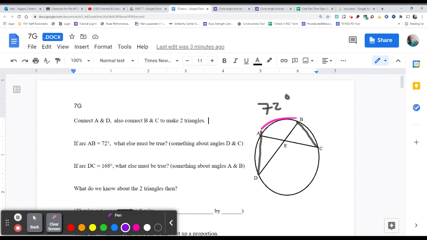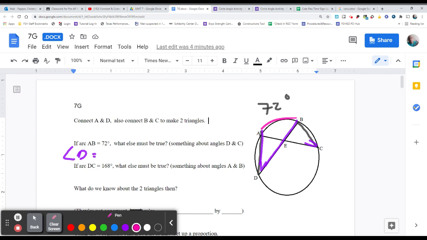Well, it's something about angle D and angle C. If we look at angle D, angle D is an inscribed angle and it forms that 72 degree arc. Going back to I believe it was our 7F notes, angle D is going to be half of the arc that it creates. It's going to be half of that 72. So angle D is half of 72.